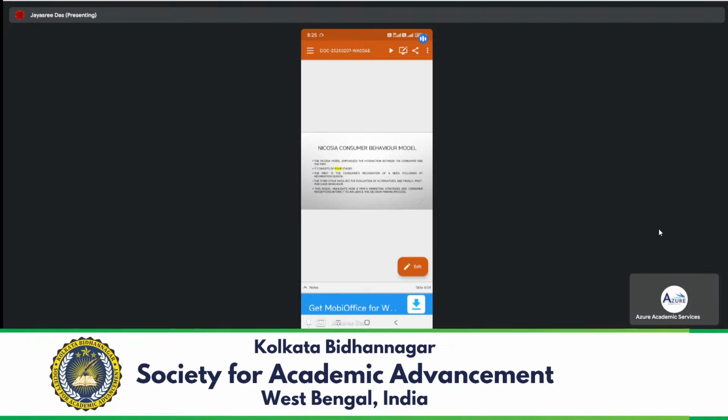The next stage is evaluation of alternatives. Here, the consumers compare products. And finally, it's the post-purchase behavior that determines whether the consumer is satisfied or dissatisfied. This model highlights how effective communication from the company can influence each stage of the decision process.